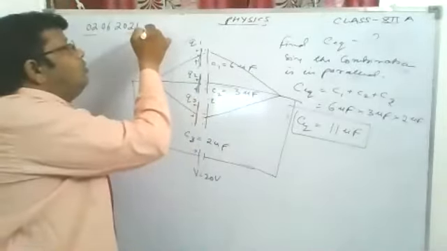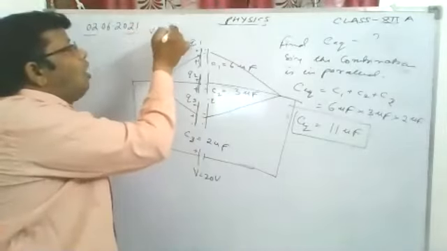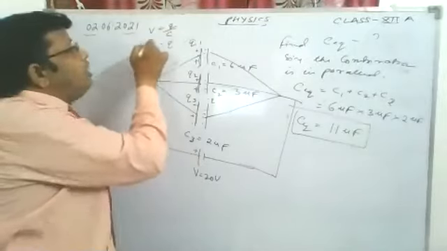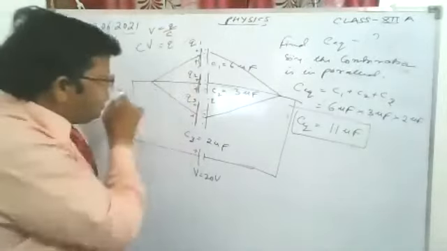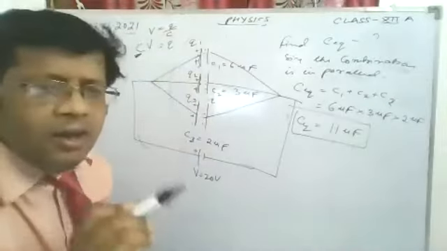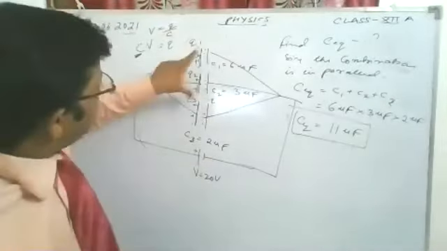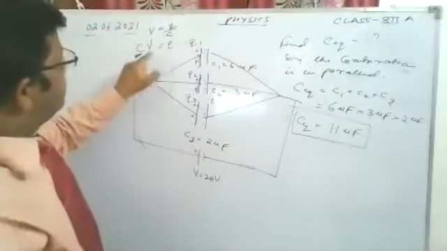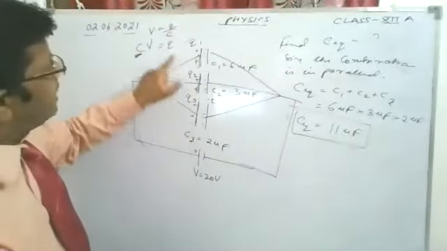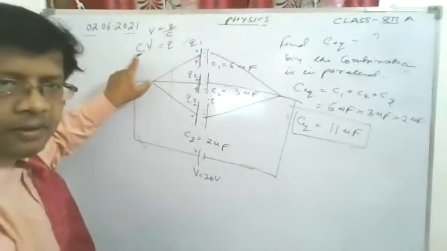Because you know, C is equal to Q upon V, so Q is equal to CV. Since all are getting the same potential but their capacitances are unequal, then the charge will be different.